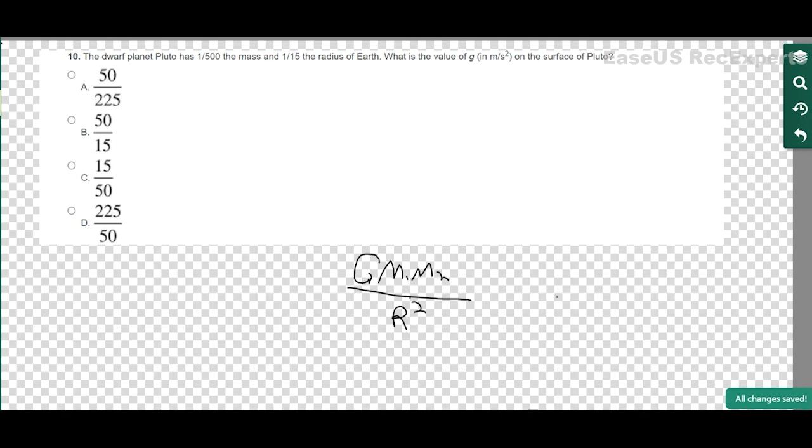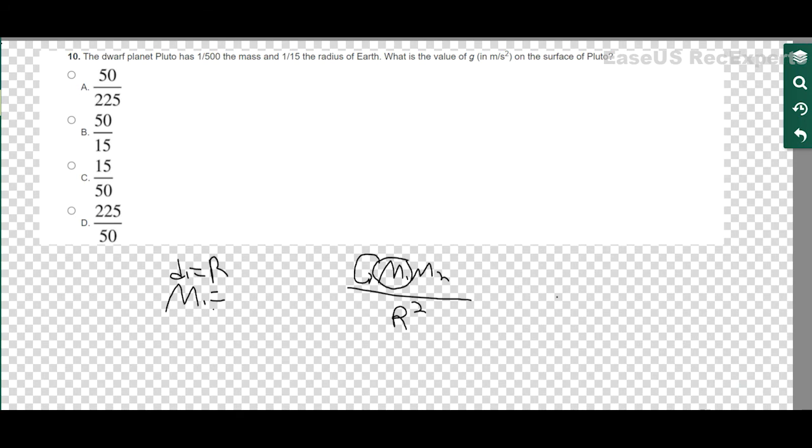Now 1/15 the radius. So we'll label d1 for Earth as r, and we'll label m1, which is supposed to be our planet's or whatever the gravitational origin is. We label that as m1, and this is the Earth's mass.